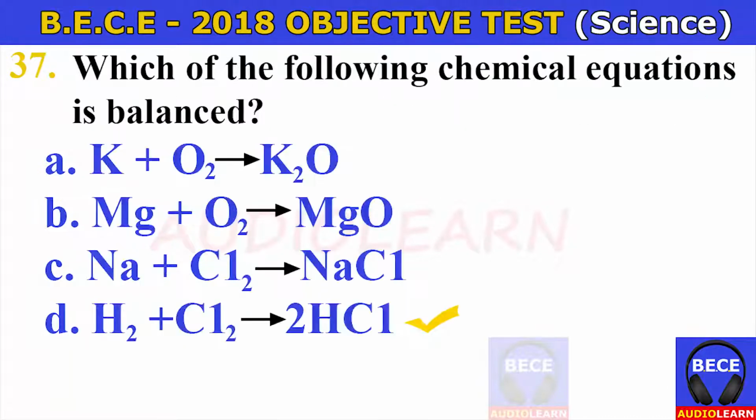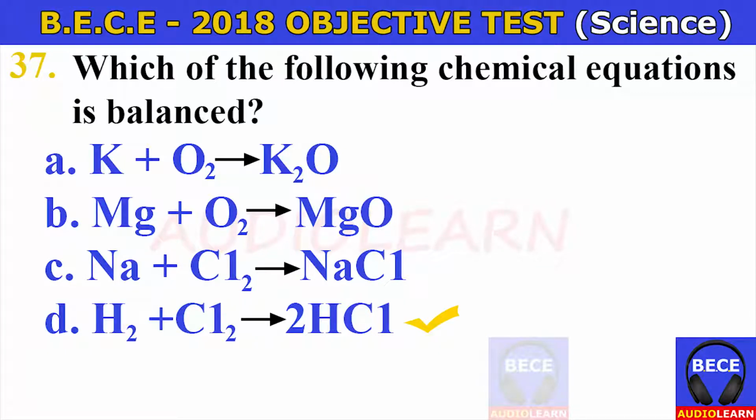Number 37. Which of the following chemical equations is balanced? A, K + O2 → K2O. And B, Mg + O2 → MgO.